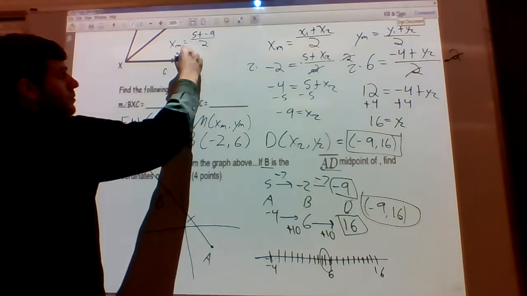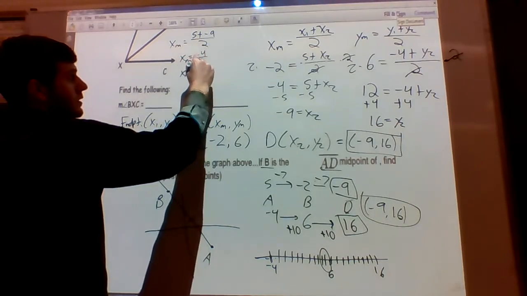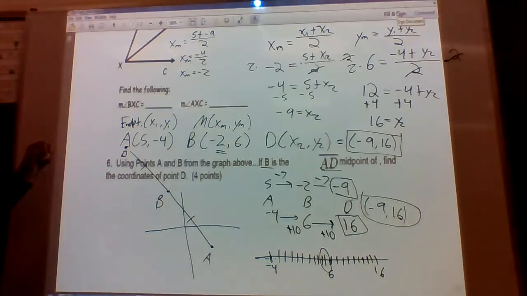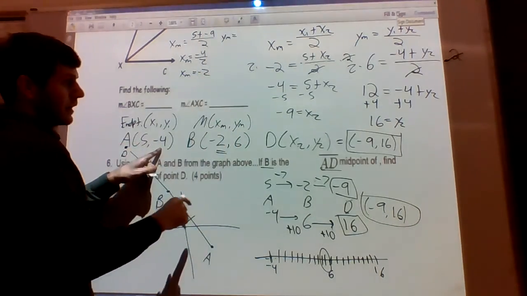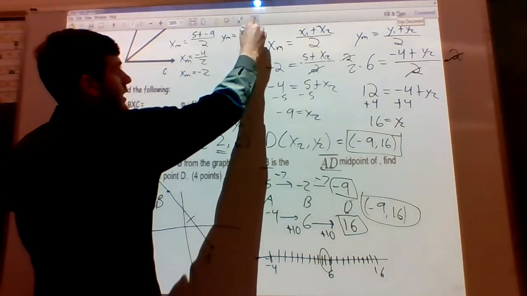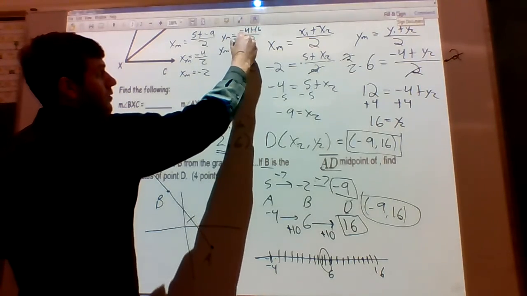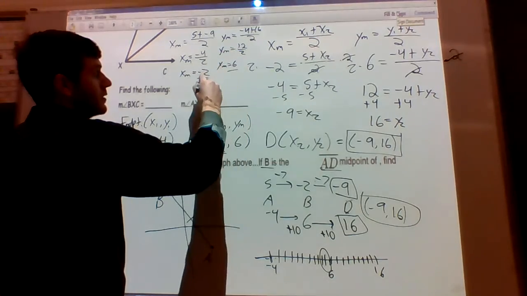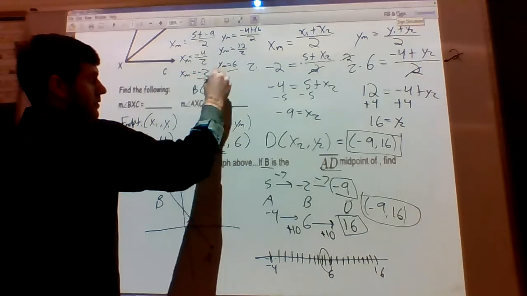So xm should be negative 4 divided by 2, which is negative 2. ym should be negative 4 plus 16 divided by 2. Negative 4 plus 16 is 12 divided by 2, so ym is going to be 6. So our midpoint is -2, 6, and look at that.